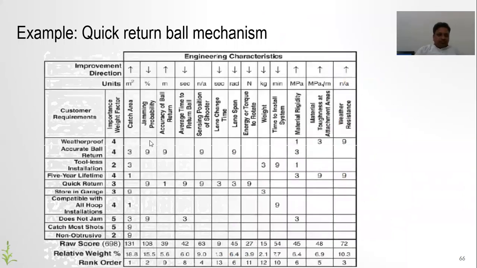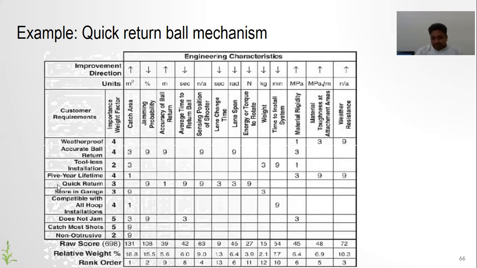Here you see there is a list of customer requirements. What are those things? It should be weatherproof, accurate ball return, all weather condition. Toolless installation, no tools required. 5-year lifetime warranty, means at least 5 years.